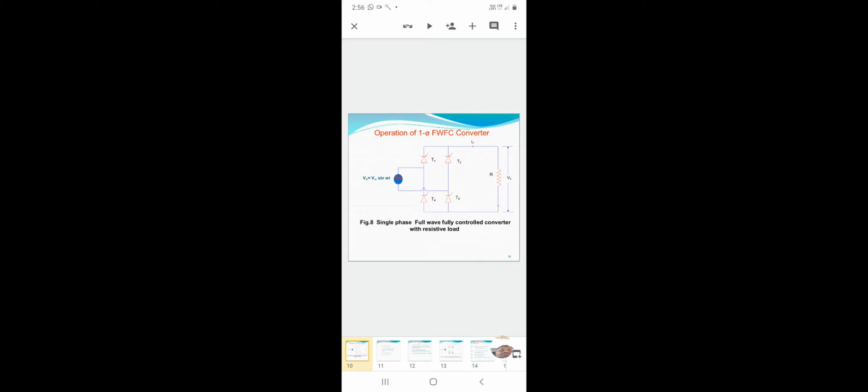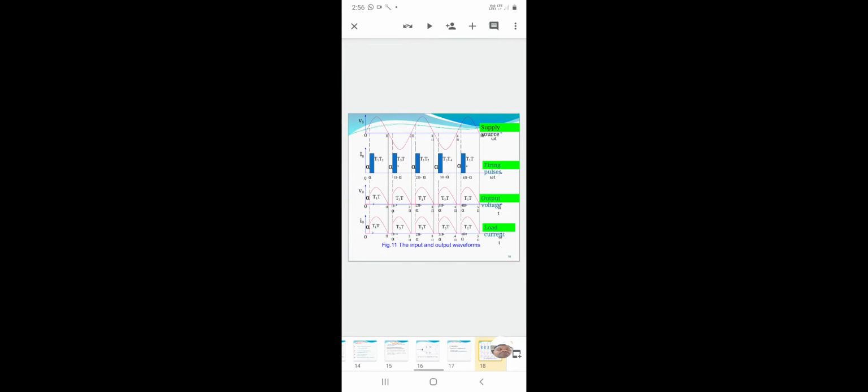Then T1 and T2 are forward biased and start conducting, and T3 and T4 are reverse biased. So the source voltage equals the load voltage. The thyristors start conducting from 0 to pi.